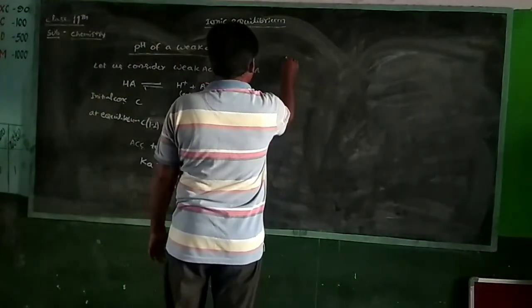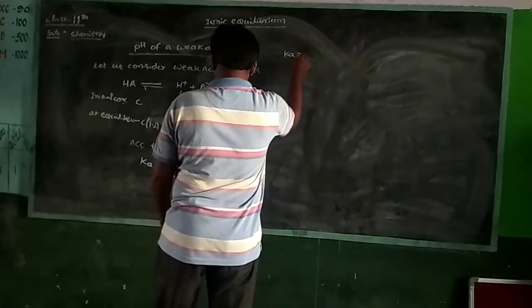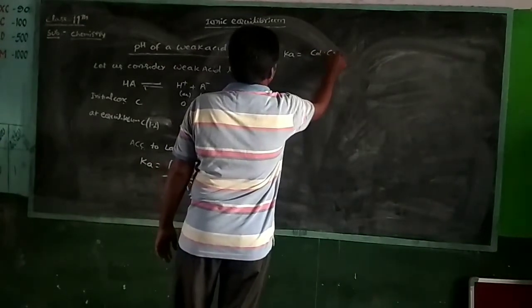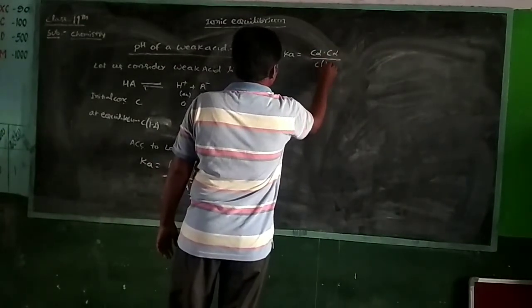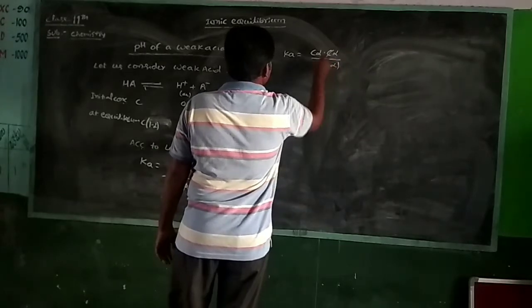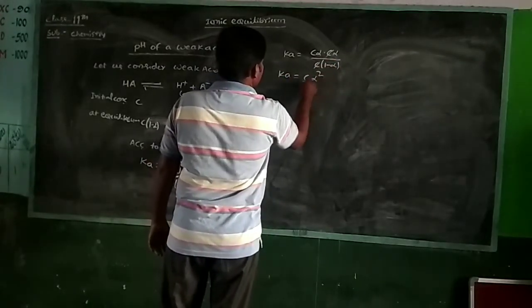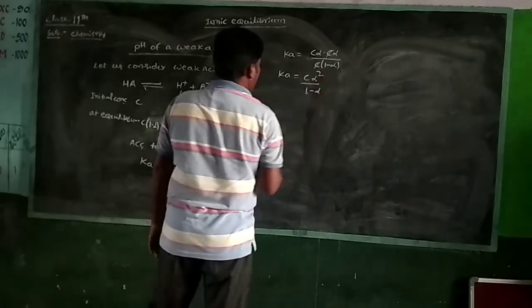Ka is equal to C alpha into C alpha by C into 1 minus alpha. C gets cancelled. Ka is equal to C alpha square by 1 minus alpha.